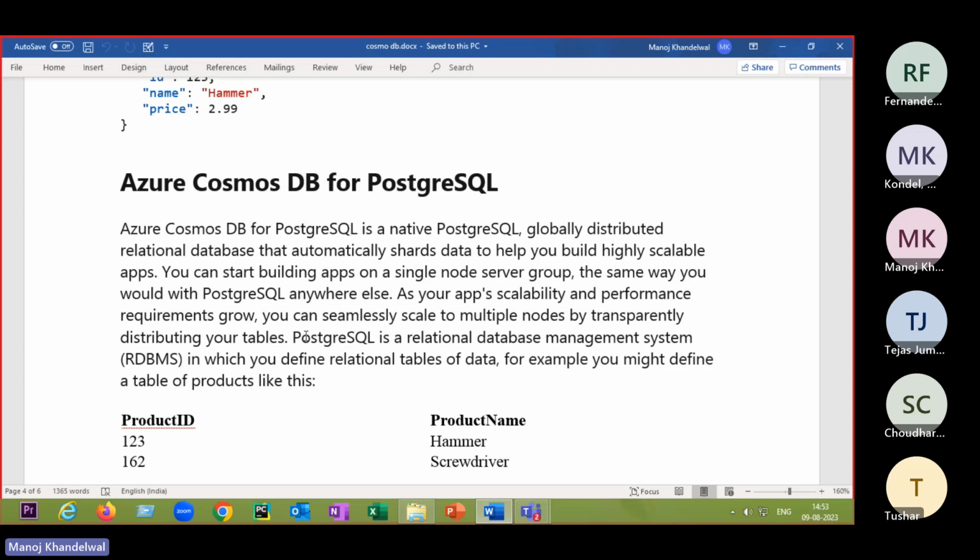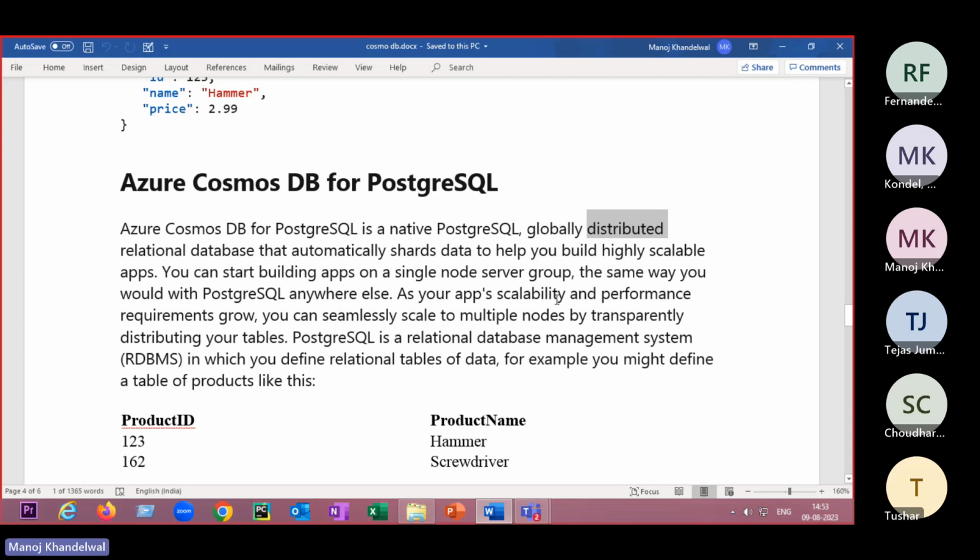The word distributed, you have to understand: distributed means that the database is divided into many partitions across the world and people can use it effectively, so that applications will run very nicely from all nook and corner of the world. In such a short course I cannot go too deep into that, but keep this in mind.